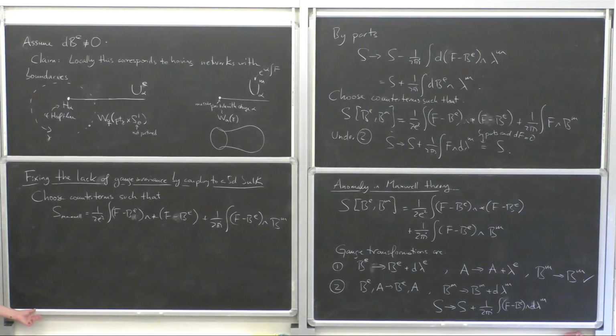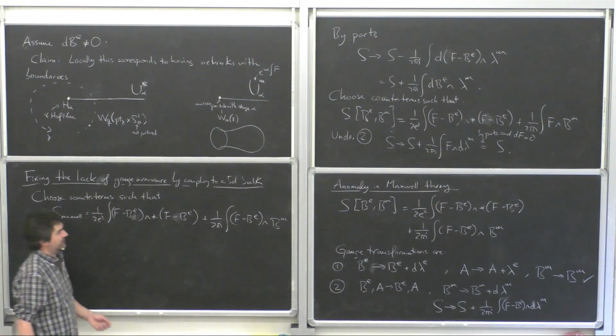Okay. So let me choose this case, and if you remember, in this case, the thing that failed was the gauge transformation of B_M.